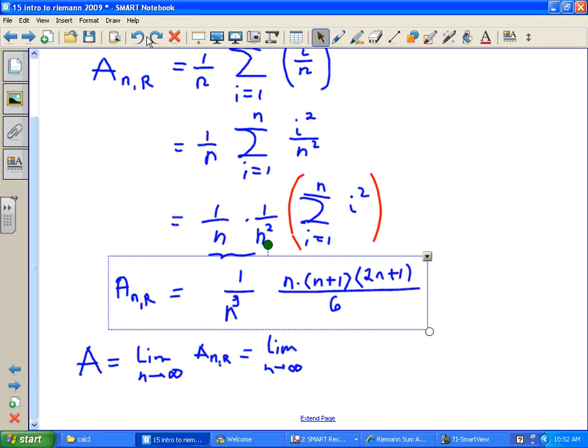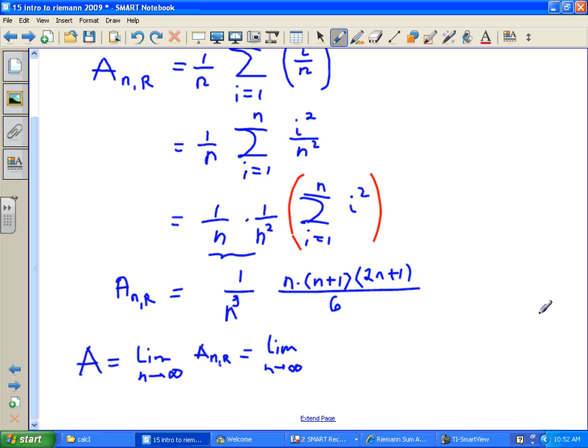Okay, so when I rewrite the above, I'm going to rewrite it in a more creative way. If you have n times n plus 1 times 2n plus 1, tell me the highest degree term there. If you were to multiply n times 2n, what would that give you? It would give you 2n cubed, right? Plus you'll have all sorts of other things. But the highest degree term of the top is going to be 2n cubed. What about on the bottom? We have 6n cubed.